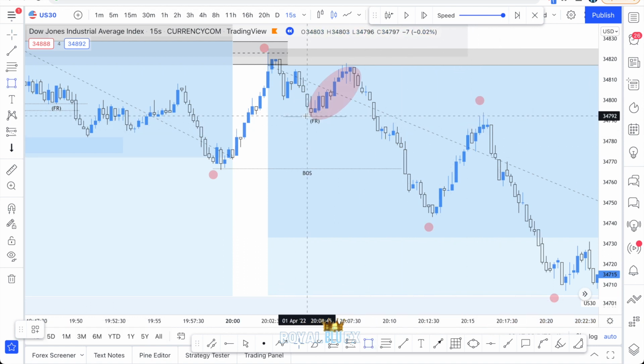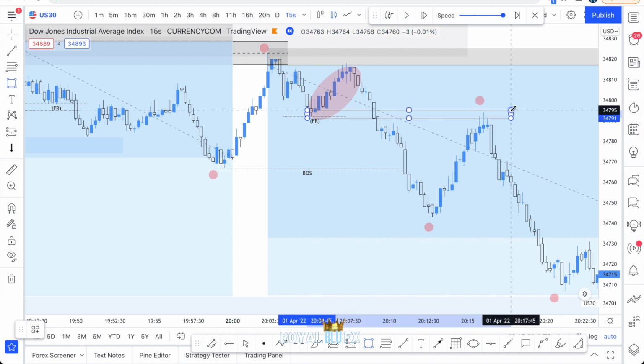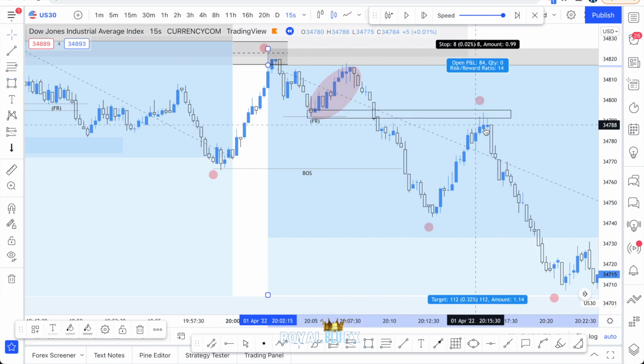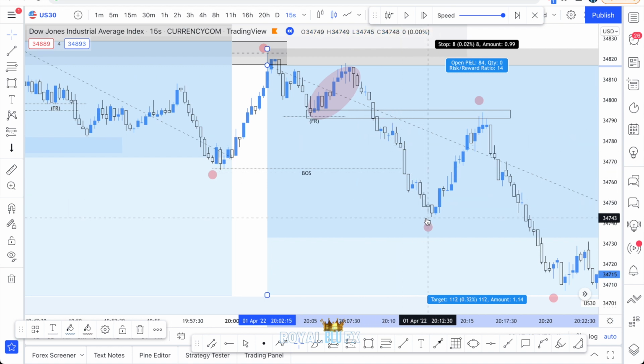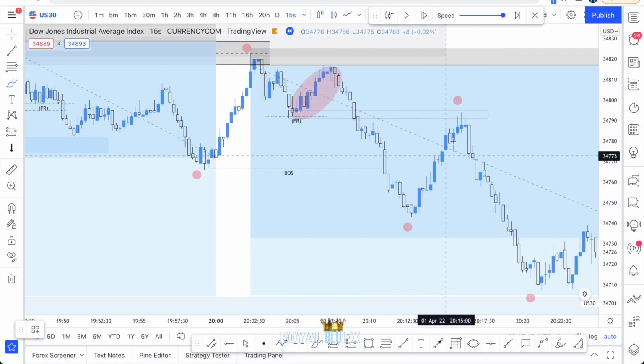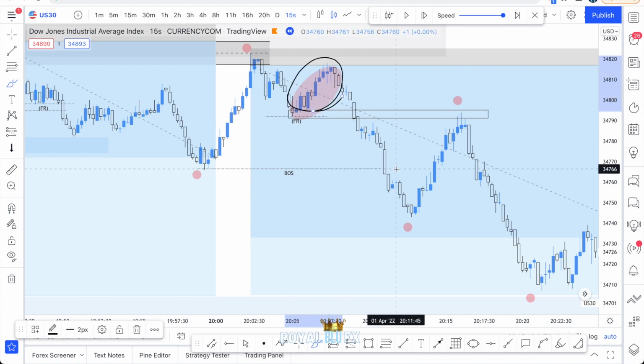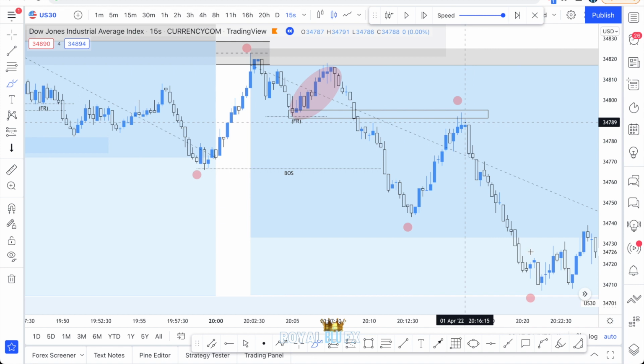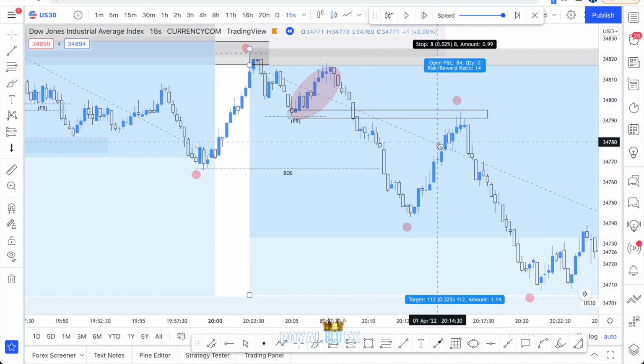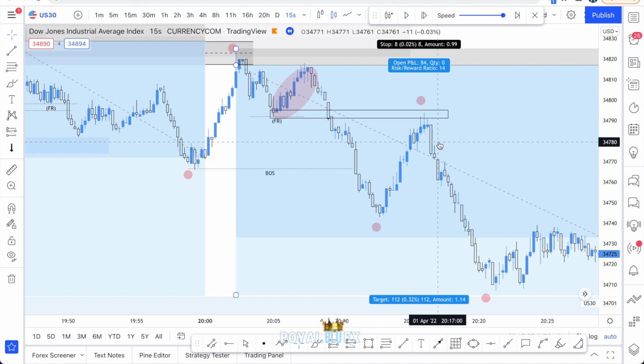If you look to your left, notice where it wicked right there. Bullish buyers were going up, bears took price down, and then price comes back to mitigate the last bullish move before bears went down. So this is how you can anticipate and look for potential entries in the market.